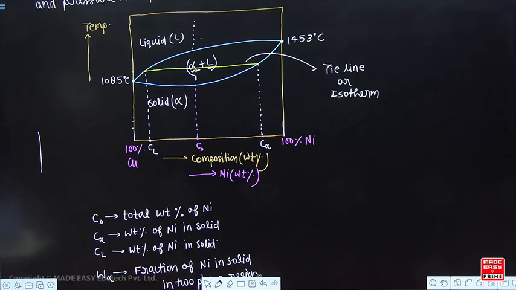Next point. In two-phase region, a series of horizontal lines are drawn, one at every temperature.